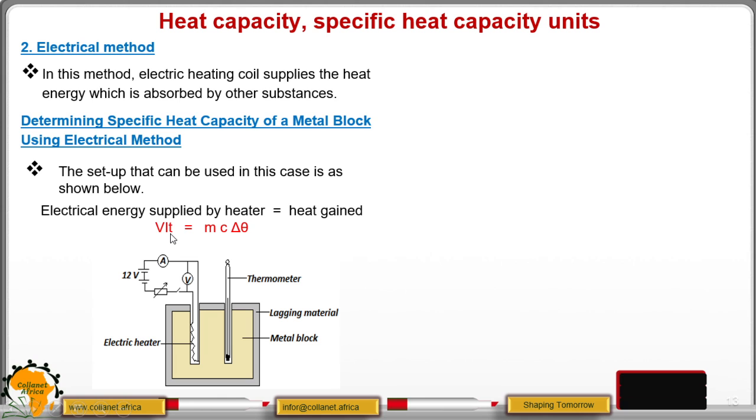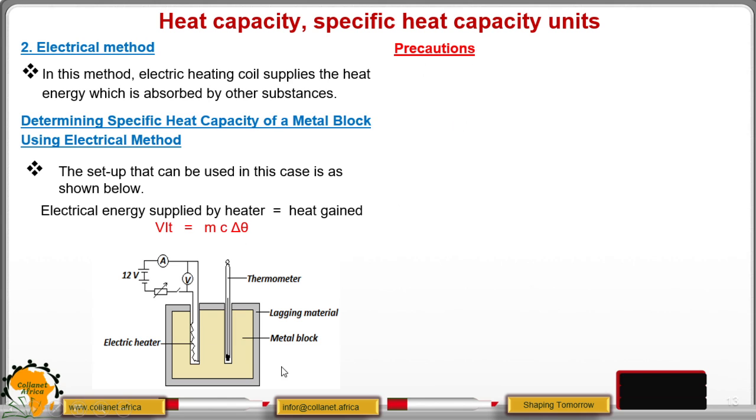Then you multiply by time to get the quantity of heat that is being supplied. That will be the same as heat gained by the metal block. And the heat gain will be given by the mass of the metal block multiplied by the specific heat capacity of the metal block, and then multiplied by the change in temperature.